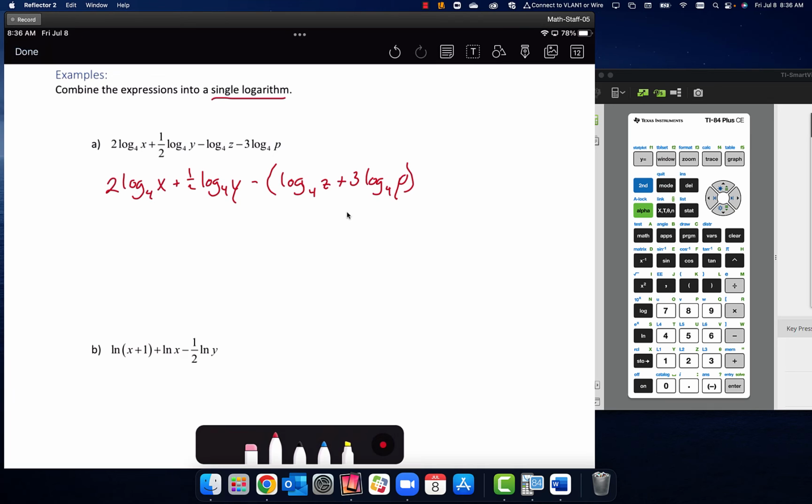Now let's go through and take care of exponents. If you see any exponents, let's take those up where they belong. For example, log base 4 of x squared plus log base 4 square root of y minus, these don't have exponents, the first one doesn't. Then we have log base 4 of p cubed.